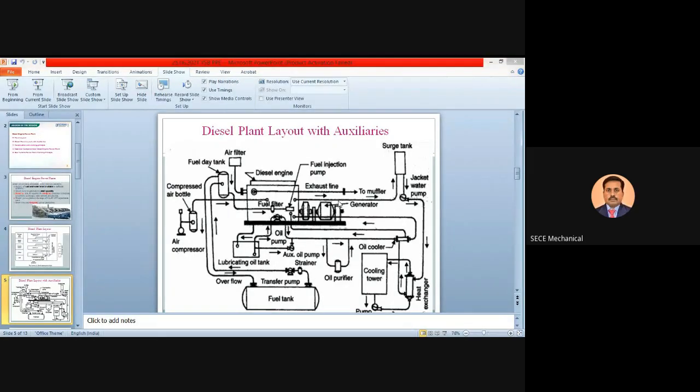The auxiliaries are the air intake system, exhaust system, fuel supply system, cooling water supply system, lubricating system, and generator system for coupling your IC engine with your alternator. These arrangements should all be provided, and only then can we produce the power. So this is about the diesel engine power plant with auxiliaries.